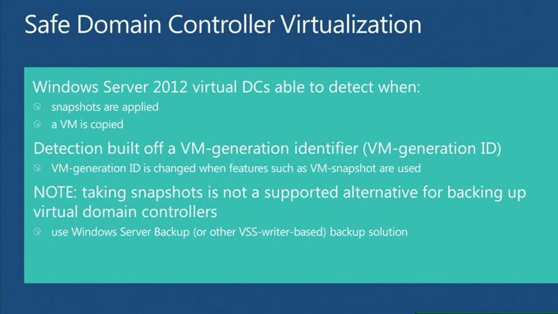Now, let's get down one level deeper, because I will be spending more time getting deeper and deeper, and then talk about a demo and get into a few more details. As I mentioned, fundamentally the problem was because the Active Directory environment did not know about a state change in the virtualization platform. So we worked with the hypervisor team, and we built this new concept called VM Generation ID.